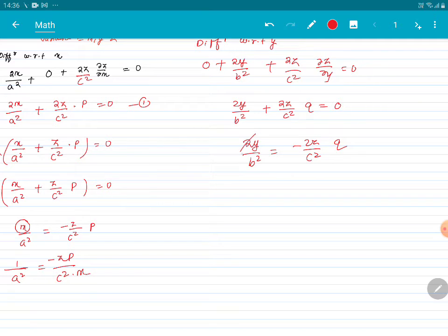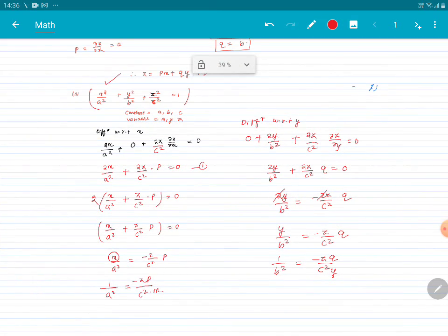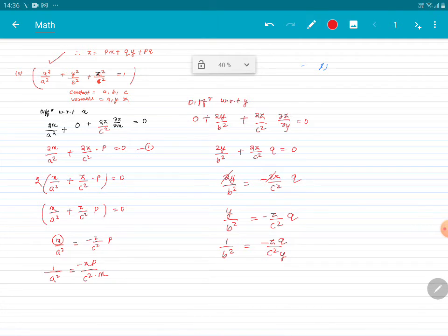So what is b square? 1 by b square is z by c square into q by y. Now I know the 1 by a square value as well as the b value. Next one is the c value. How to find the c value?